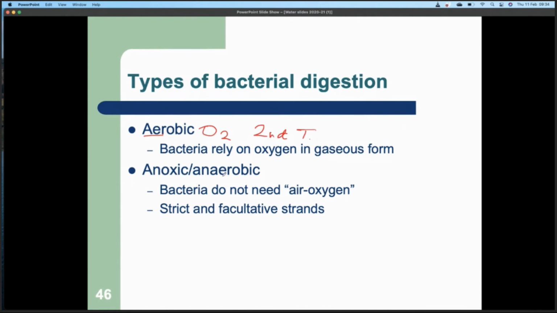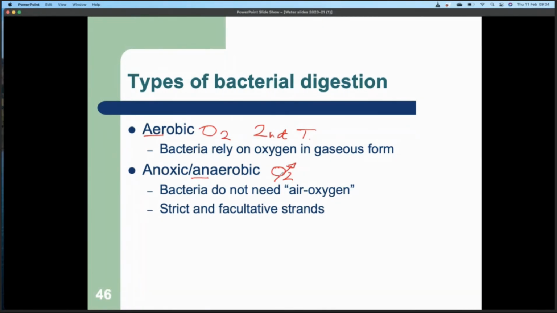Then you have the other big category, which is split into two, which is anoxic or anaerobic. So that's where it gets a little bit fluffy, I think. Anaerobic bacteria are the ones that do not need air, so they do not need O2, but you have to go a step further, and I get to that in a minute, facultative.